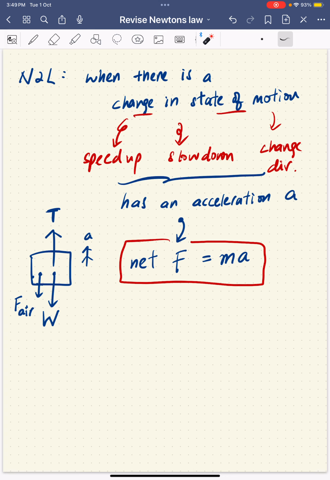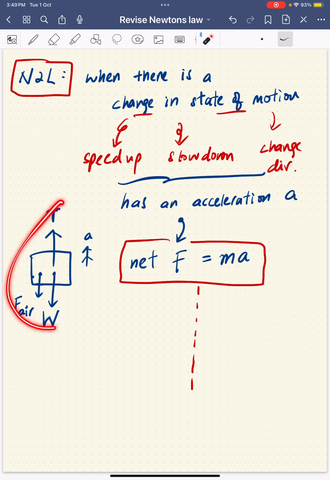So when we deal with Newton's second law equation, net force equals ma. Very often we just refer to Newton's second law as net force equals ma. But when we apply it, the idea is that we look at the left hand side as an expression to give us the net force.